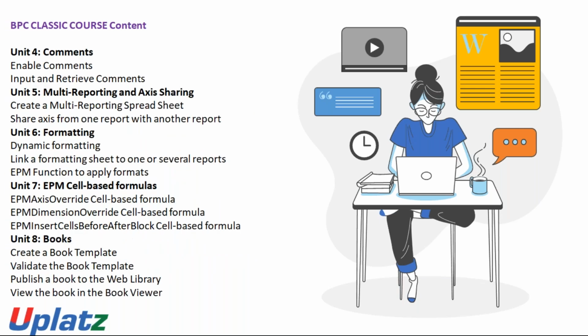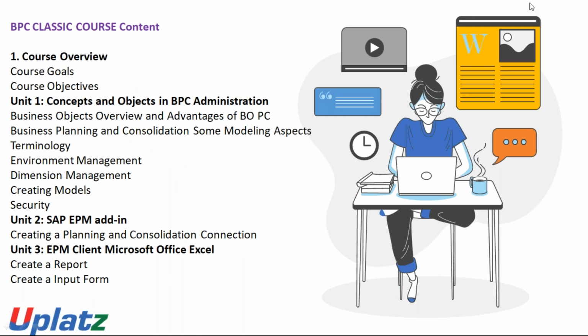So now we'll move to our BPC overview. Our first topic is course overview, course goals and course objectives. As I mentioned, the main objective of this course will be planning and consolidation, which can be done in BPC.